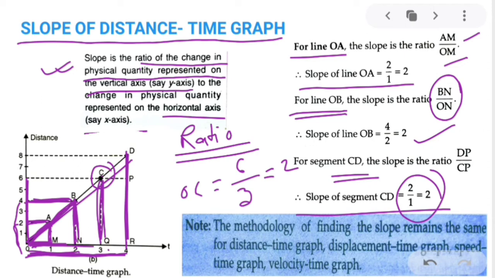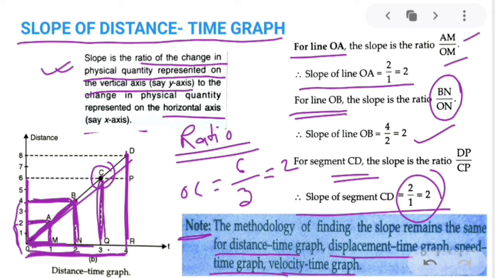So what we come to know is that the slope is the ratio of the vertical distance to the horizontal distance. And remember one more important thing, a note is given here. This methodology of finding the slope remains the same not only for the distance time graph, but for the displacement time graph, speed time graph, and velocity time graph.